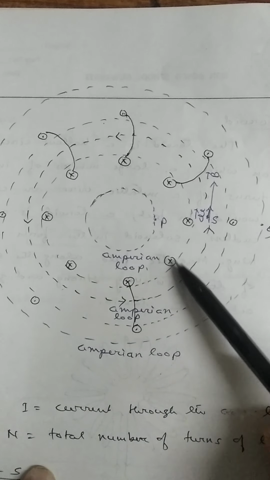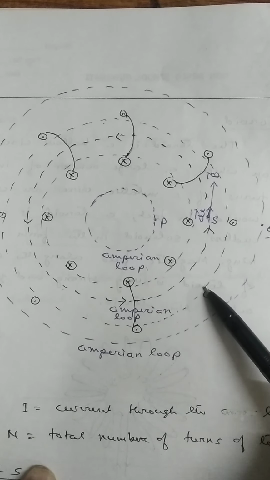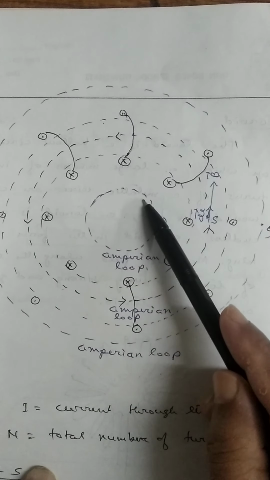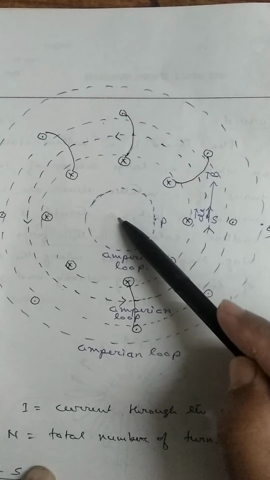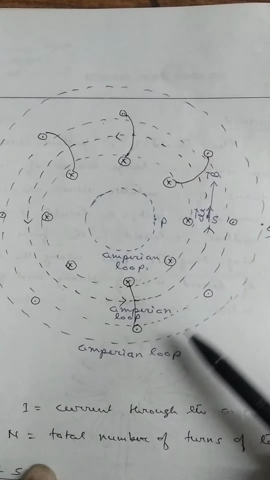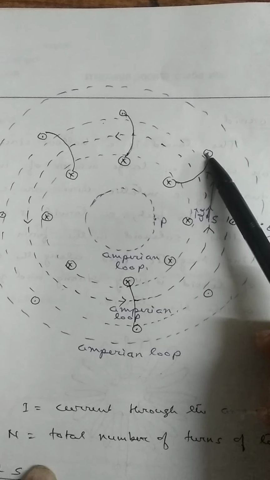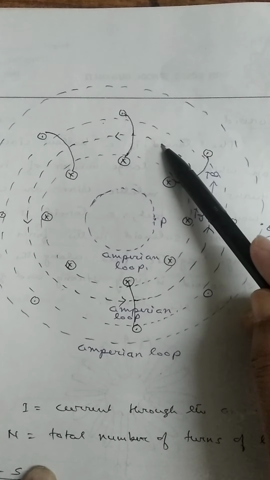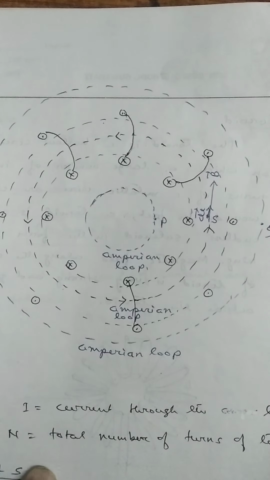Since the thickness of the toroid is very, very small, the radius of this Amperian loop and the radius of this Amperian loop are exactly equal.